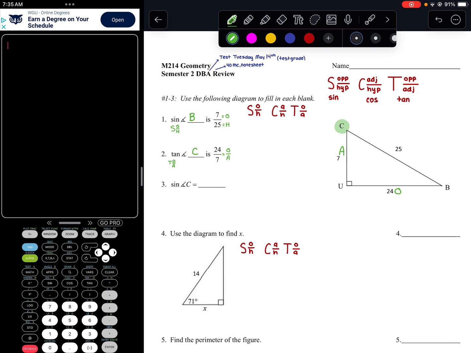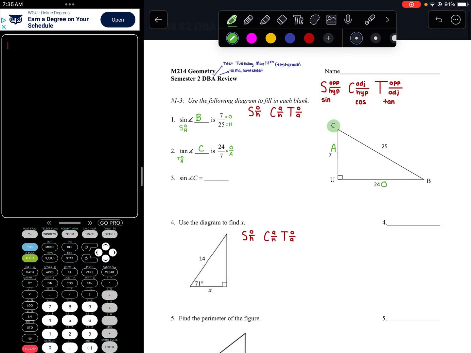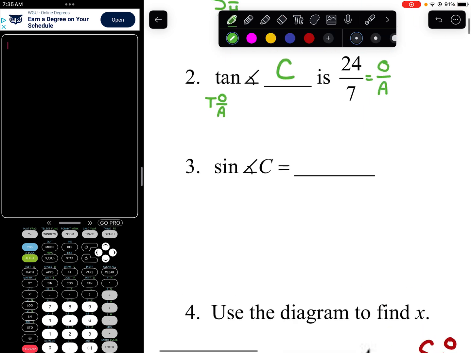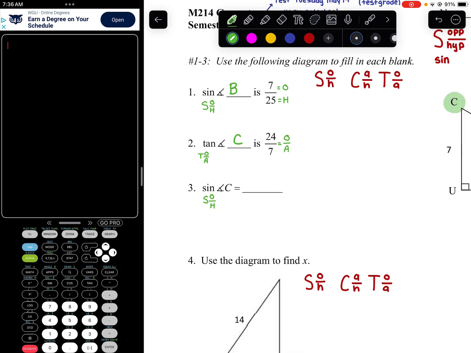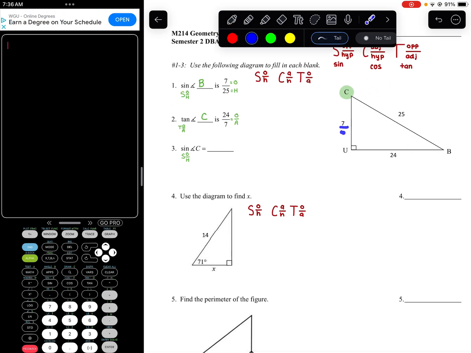Last one we're working through together is now they want you to fill in the fraction. Sine of angle C is the ratio given by which two sides. Remember, sine is SOH, O and H. So we want to label using angle C, which of these numbers as our opposite?